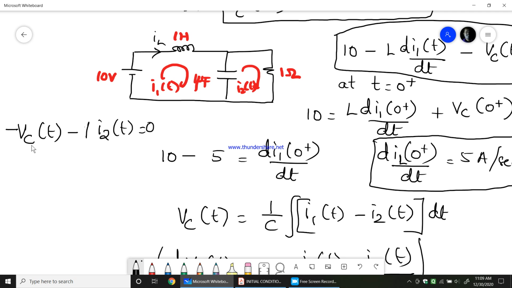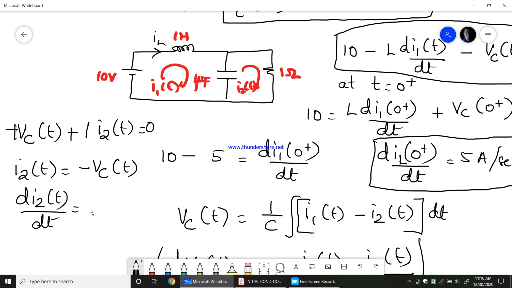So minus Vc of t minus I2 of t is equal to 0. Therefore, I2 of t would be equal to minus Vc of t. Now if I differentiate this I2 with respect to time, I will get minus dVc of t by dt. Now at t equals 0 plus, we know that dVc of t by dt is equal to 0. Therefore, dI2 by dt also is equal to 0.